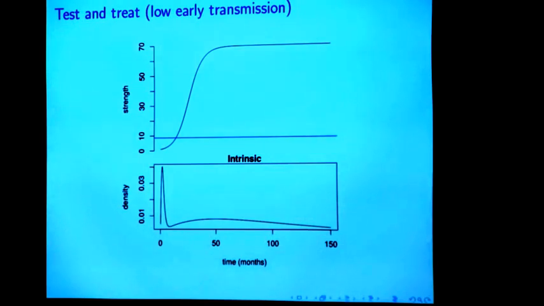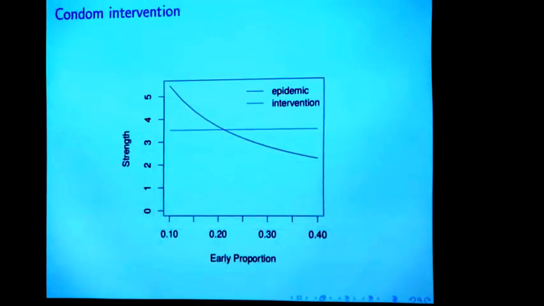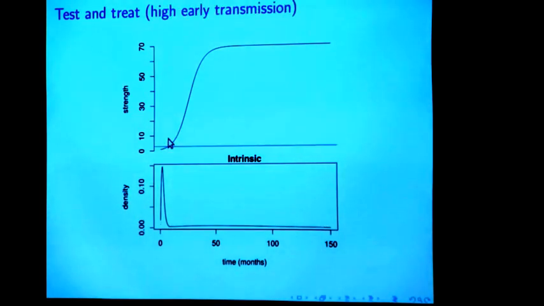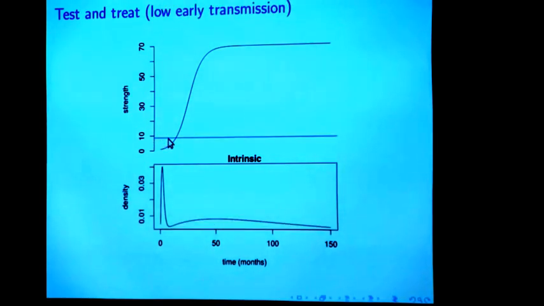I was trying to figure out why I didn't show you graphs of how I calculated this mean, but the answer is because the mean is the constant value. For test and treat, we now have to take a mean of this strength. This strength is increasing from 1, because 1 means we're dividing by 1, to almost 70, and we have to take a complicated mean over the intrinsic generation interval.